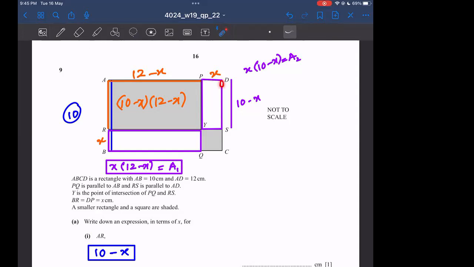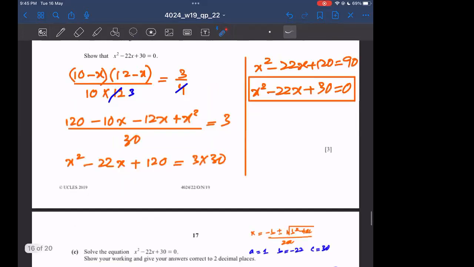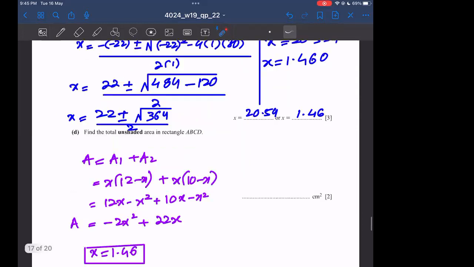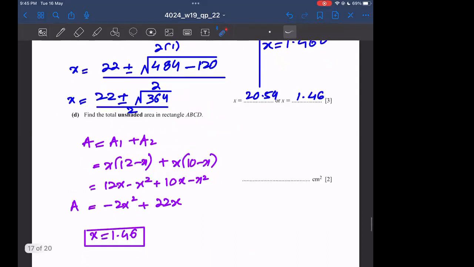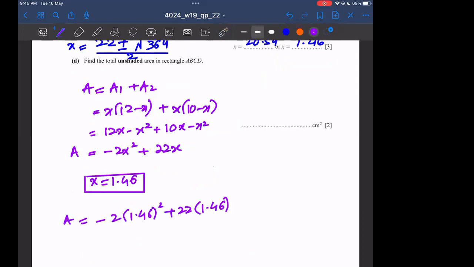That's why I'm taking the x value 1.46. I'm going to put the value of x, 1.46, here, minus 2 into 1.46 whole square. $27.85. After 3 significant figures, it is going to be 27.9 centimeter.